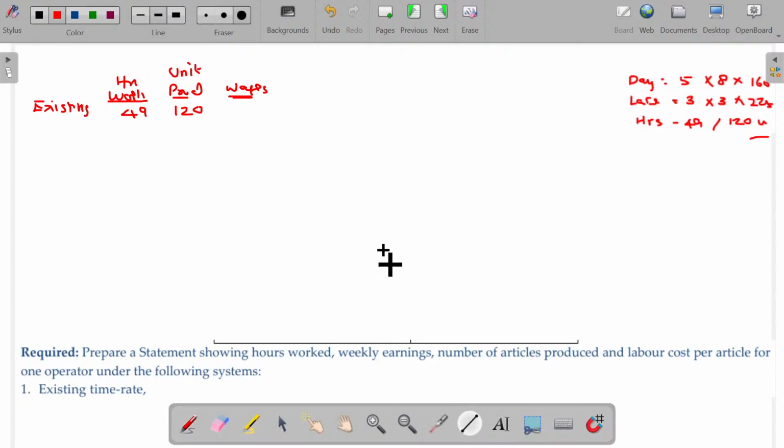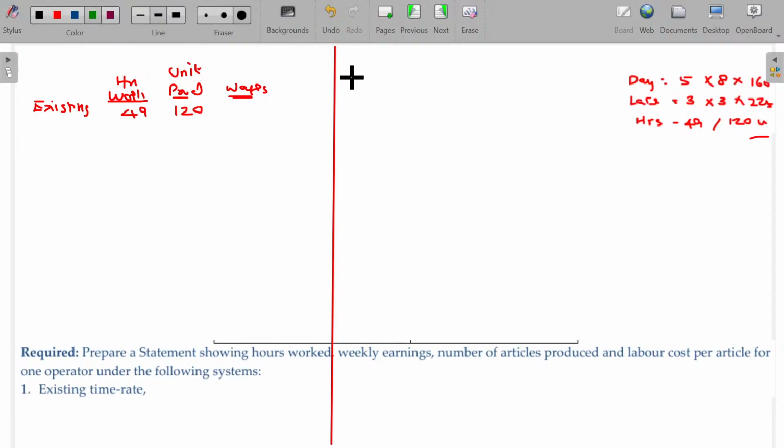For the first case, 5 into 8 into 160 for the day shift, 6,400.